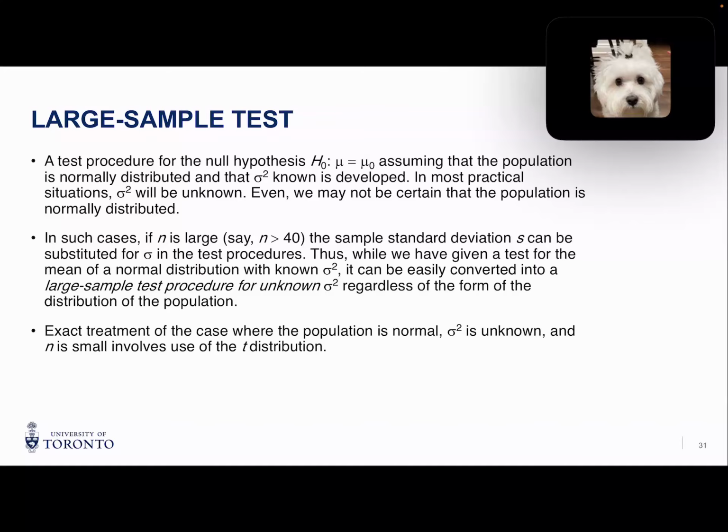And so even if you don't know the variance, but you assume your population is normally distributed, once your number of samples gets to be relatively large, on the order of 40, then we can continue to use the normal distribution even though we don't know the population variance.